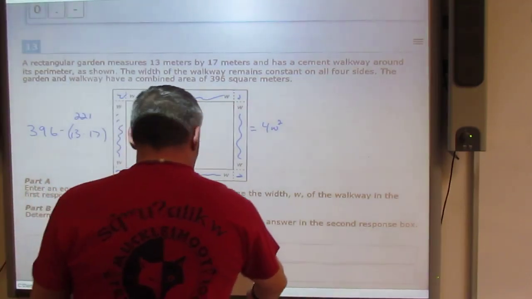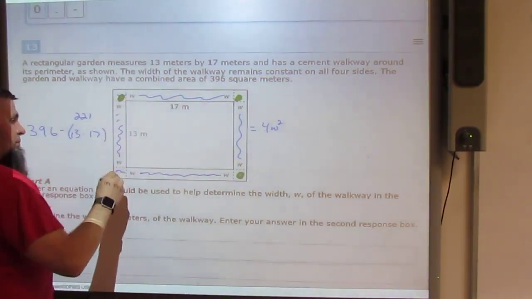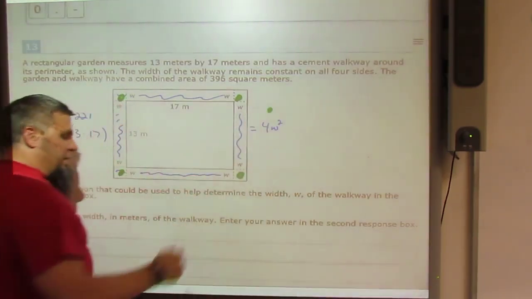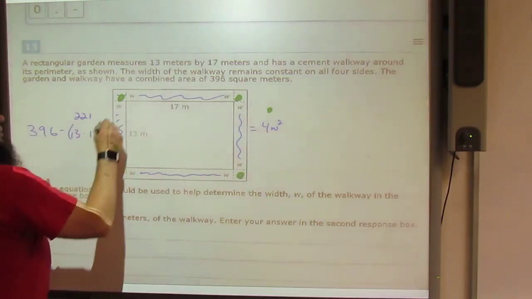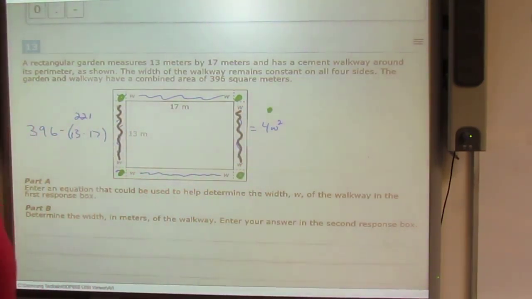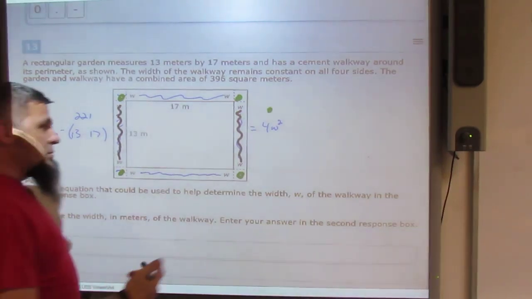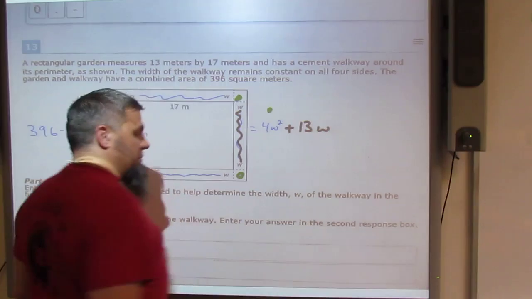So these 4 pieces plus these 2 pieces, which would be 13 times W, plus 13W.